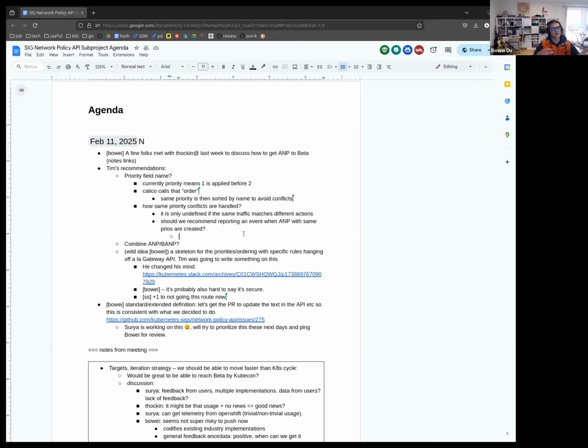Yeah, imagine you have some user who's very oblivious and they basically just create all their ANPs on the same priority level. That conceivably could happen, right? Pretty easily. Yeah, so what we can do is report an event or some warning on that.